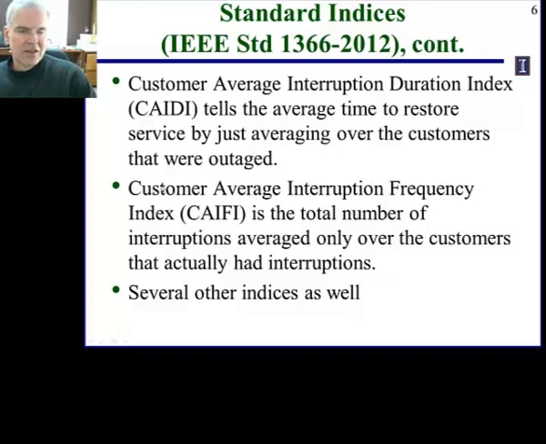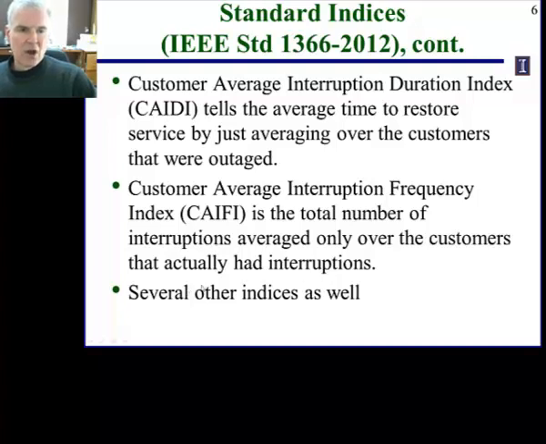The second customer index is the Customer Average Interruption Frequency Index. That takes the total number of interruptions averaged, again, over only the customers that actually had interruptions. So the utility figures out the number of customers who had interruptions during the year and uses that in the denominator. There are several other indices as well.